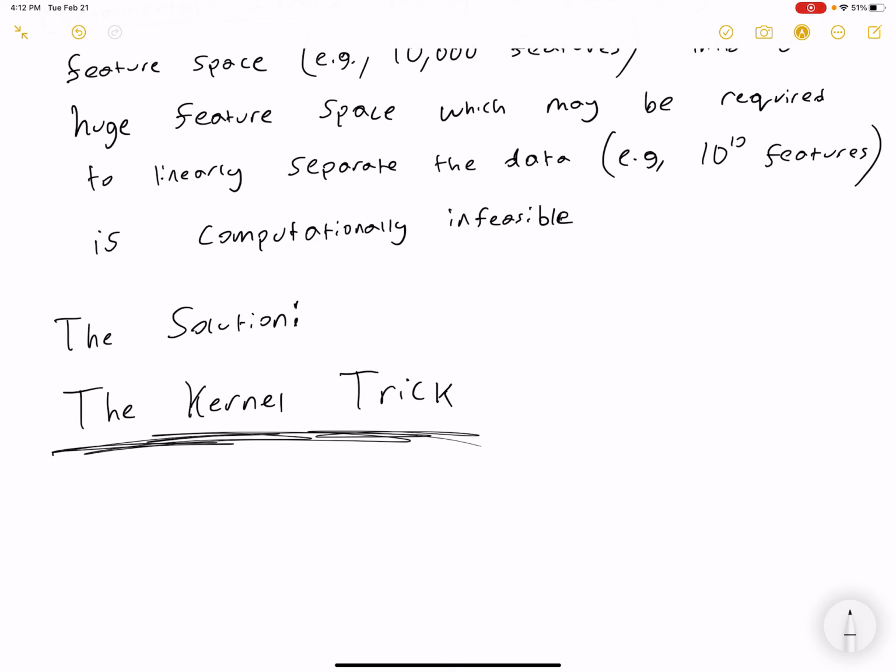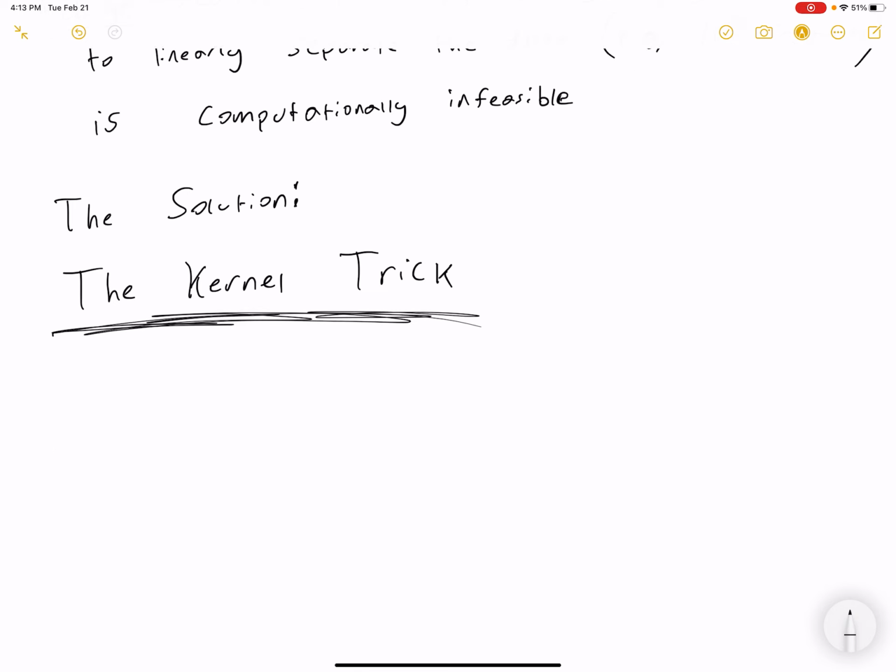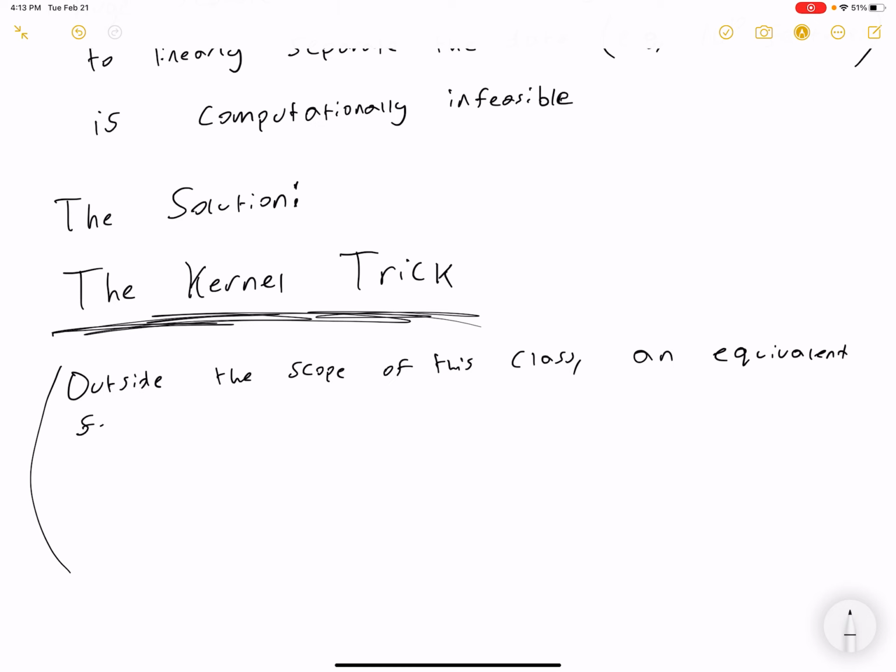And some quick math background. Outside of the scope of this class, an equivalent formulation of SVM is, which is outside of the scope of this class because you can derive it again with Lagrange multipliers, and it's kind of this long, tedious mathematical proof.